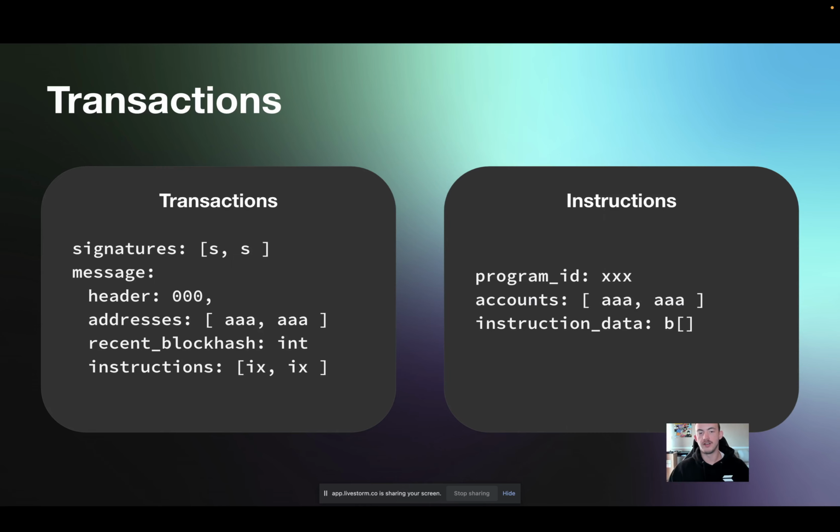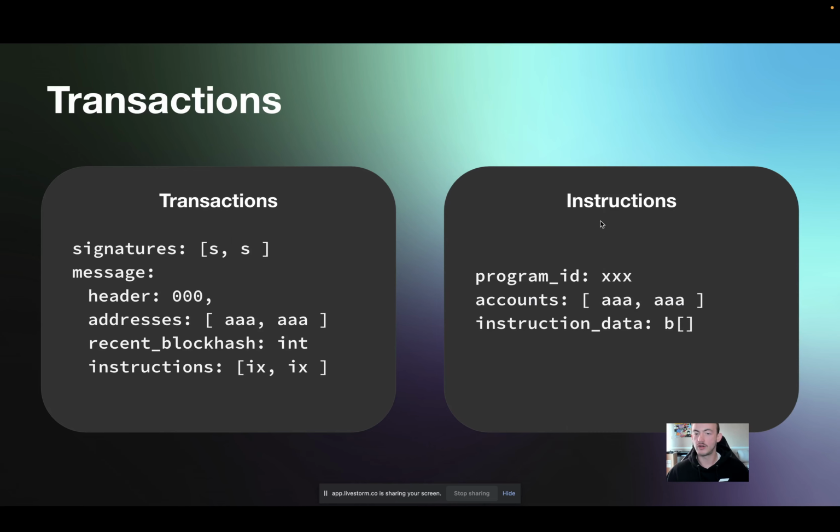The reason Solana does this is because it's going to key on that block hash and make sure that not too much time has passed. This helps prevent fraud and hacking maneuvers, because if this is a really old transaction, A, you might not want it to go through anymore, and B, it could be malicious. There's a lot to that, but the point is it's a security measure. So when you create a transaction, you'll have to do that.